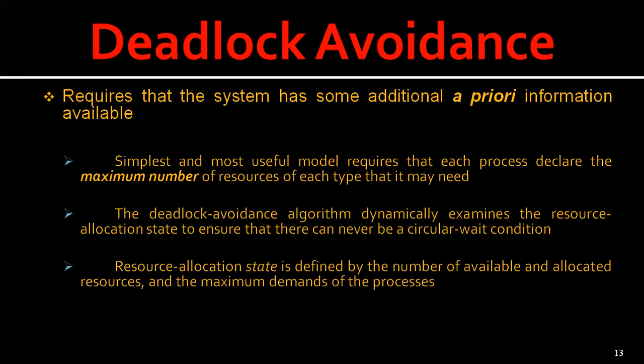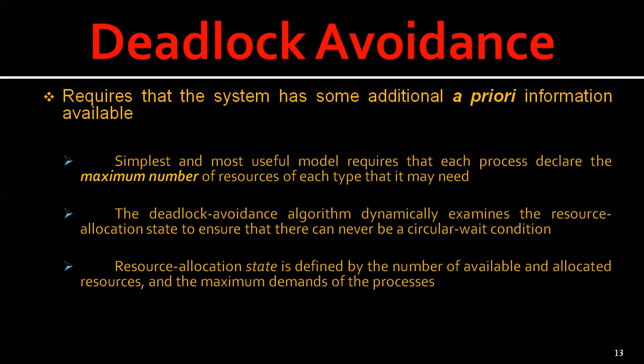So this is the simplest and most useful model that requires that each process declare the maximum number of resources of each type that it may need. So here in this particular case, the deadlock avoidance algorithm dynamically examines the resource allocation state to ensure that there can never be a circular wait condition.